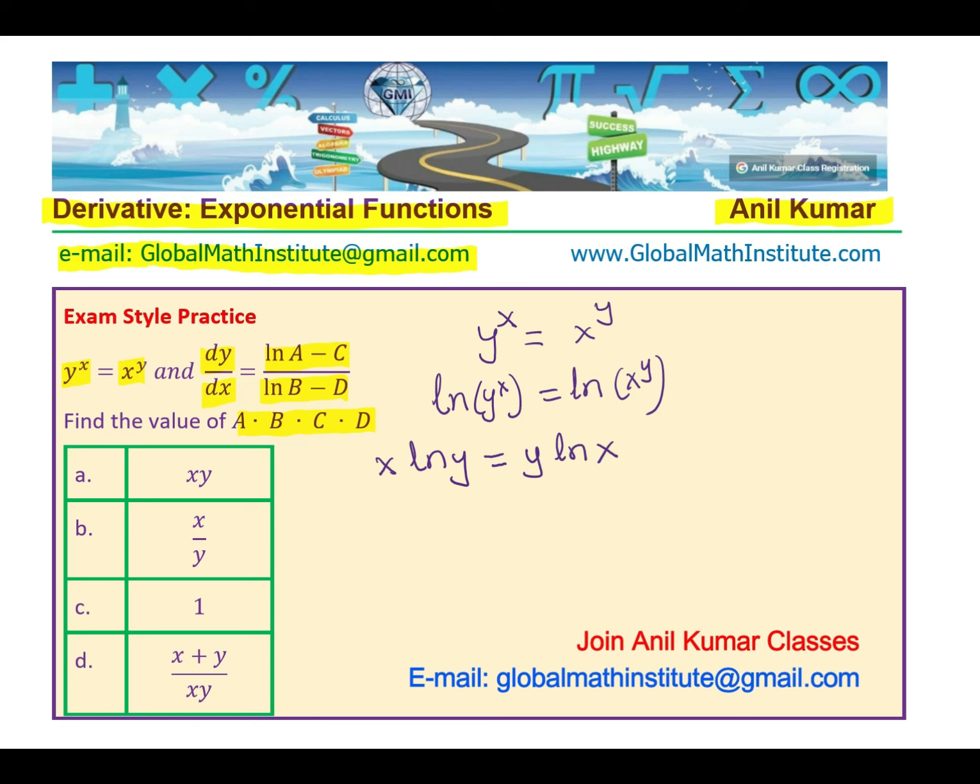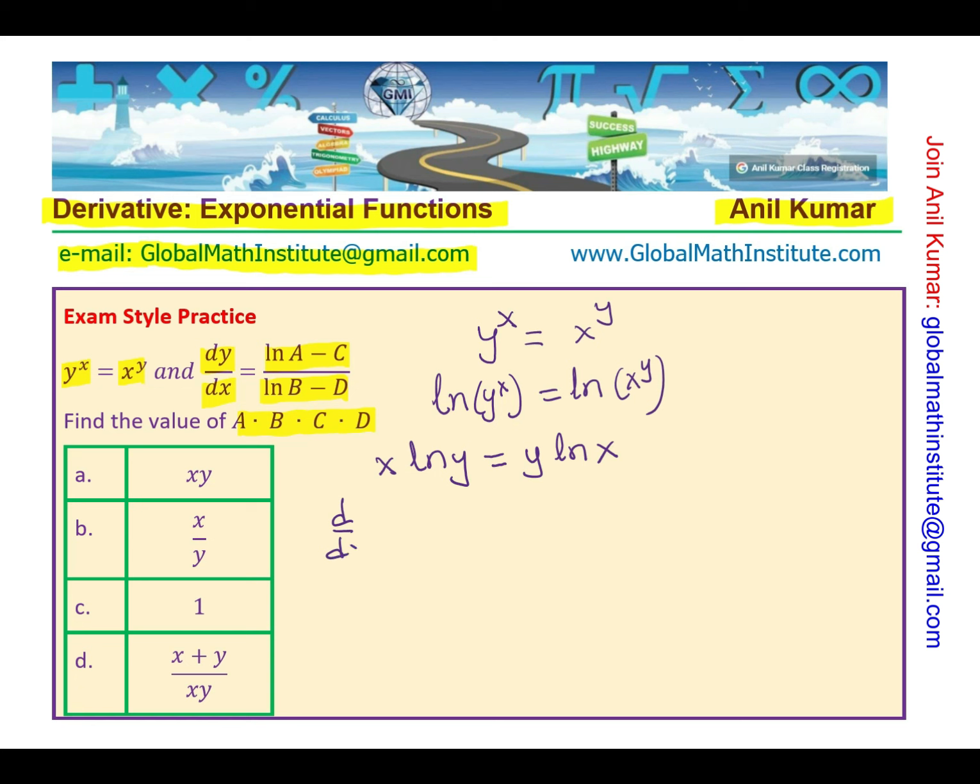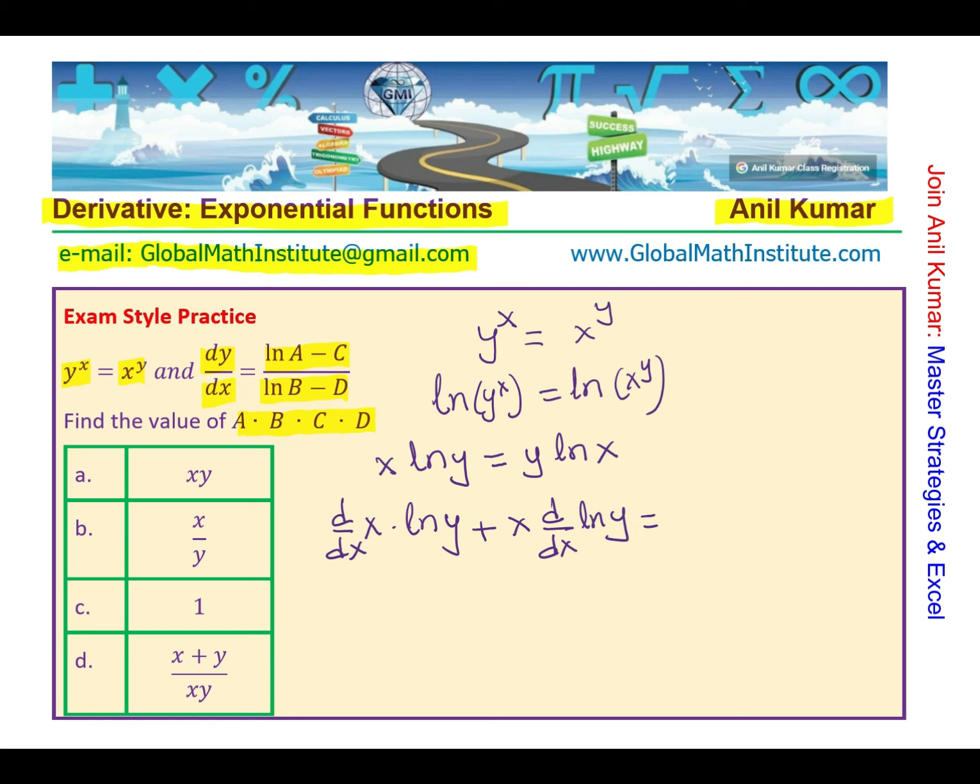Now, it is easy to differentiate, right? So let's differentiate with respect to x. On the left hand side we can apply the product rule. So d/dx of x times ln y, plus x times the derivative of ln y, equals, on the right hand side, d/dx of y times ln x plus y times d/dx of ln x.